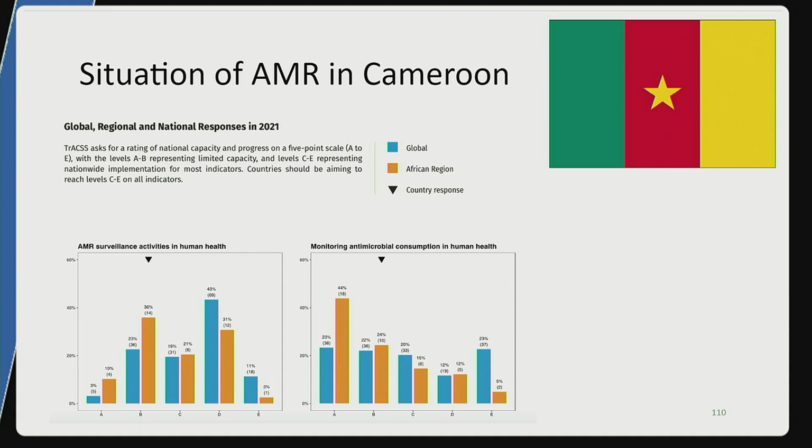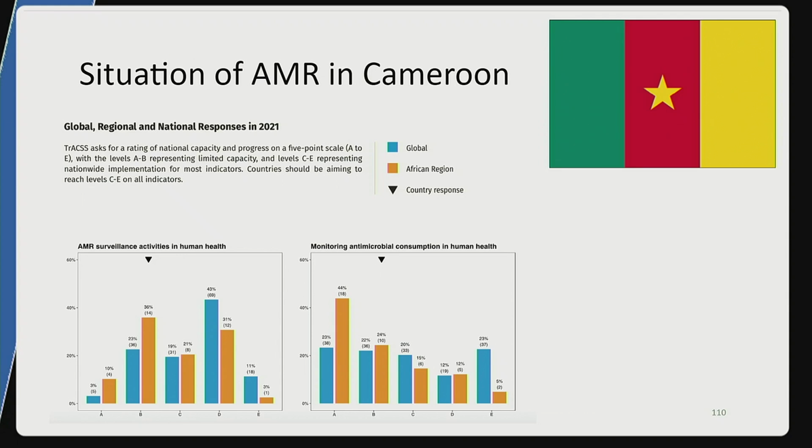When you look at the situation of antimicrobial resistance, this is the report done by WHO during the evaluation in the countries. On the left side, you can see the AMR surveillance activities in human health. And what you see, there is a small black dot. This is where Cameroon stands, knowing that the better you are, the more you will be on the right side of the figure.